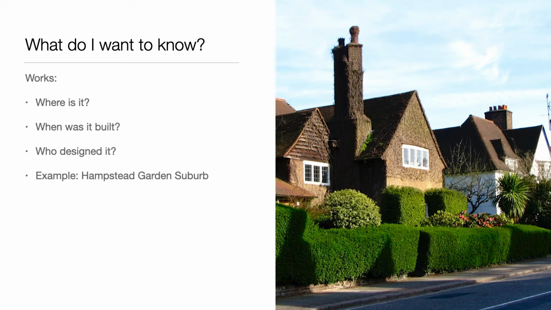For this particular work, you can find out that it's constructed in Great Britain, in North London, that it's constructed in the early 1900s, and that it's been designed by the architect-engineer partners Unwin and Parker.